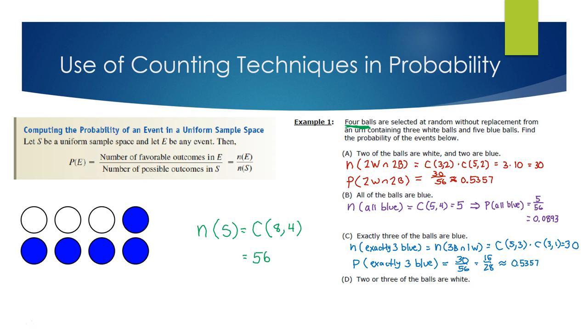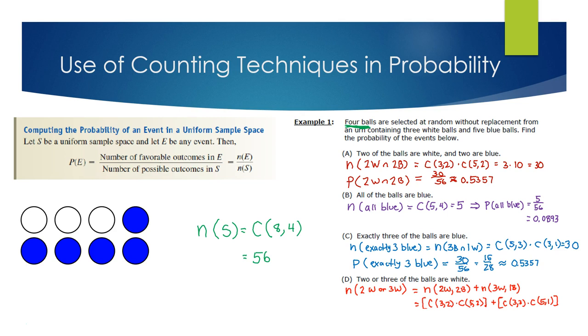For D, it's even more inclusive. Usually the more inclusive they get, the more difficult it can sometimes be in calculating them. I'm going to look for the number that has 2 white or 3 white. So that's going to be me taking the numbers where I have 2 white and 2 blue and adding it to the number of outcomes that have 3 white and 1 blue. To come up with the number for 2 white and 2 blue, I'm going to do the combination for n being 3 and r being 2 times the combination of n being 5 and r being 2.